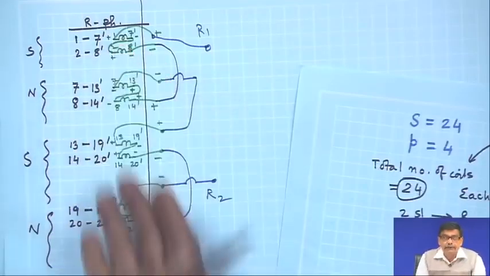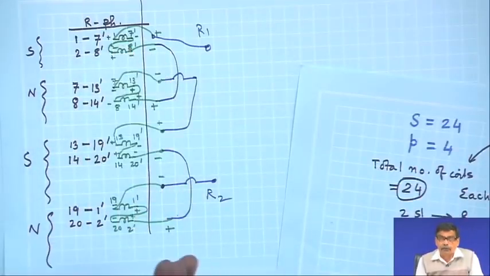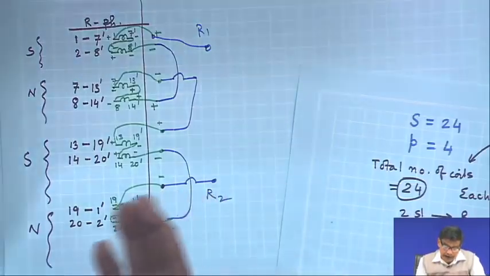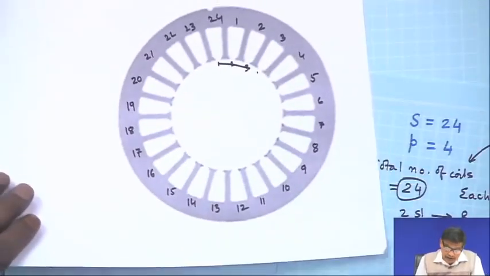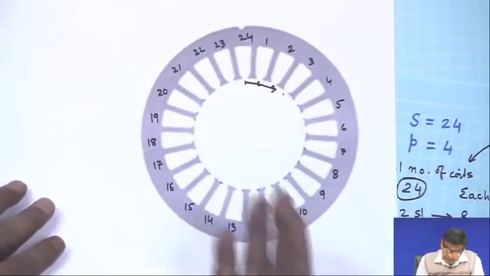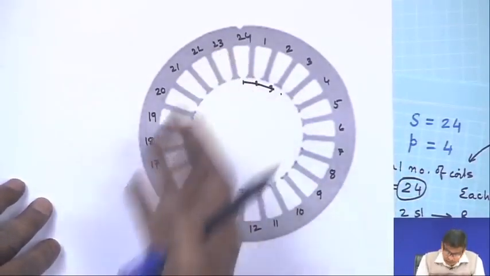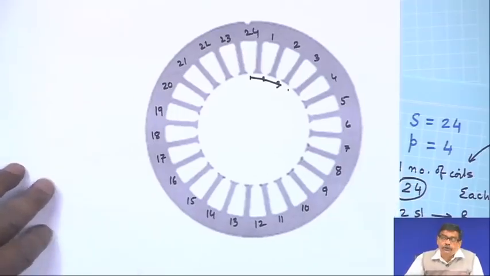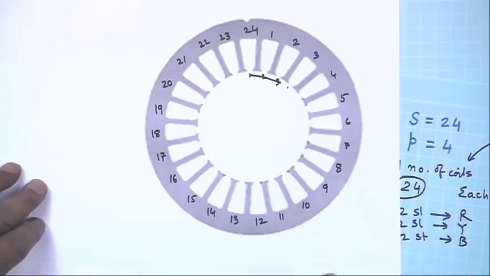So, this is nothing but number games, that is all, provided you have understood what is what, that is what is coil span, how to place them, how to make a coil. Then I will translate this diagram into this for R phase at least, and show you indeed 4 poles will be produced. Okay. Thank you.